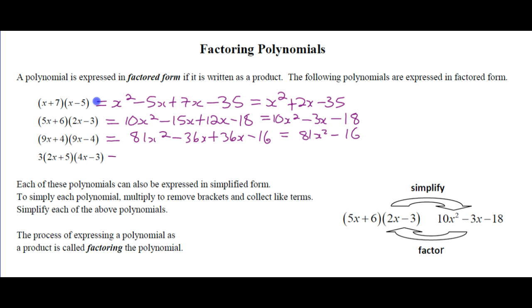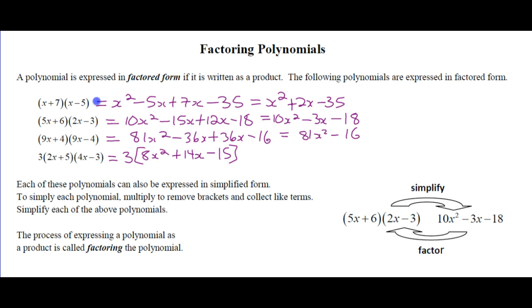So it's going to be 3 times, now I'm going to multiply these out. 8x squared, minus 6 plus 20 is going to be plus 14x, minus 15. This time I'm not writing down the four terms.